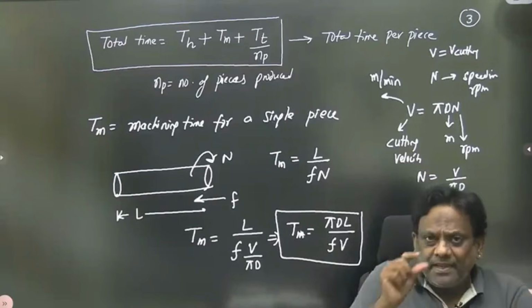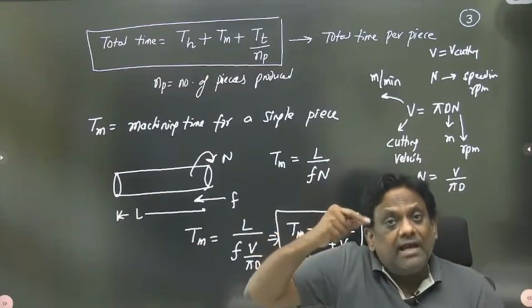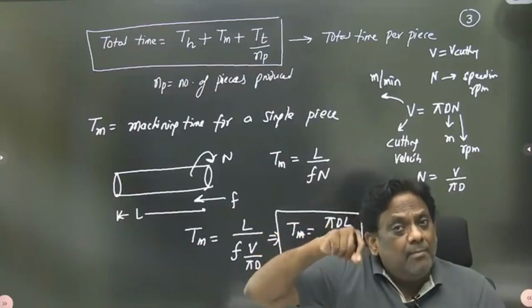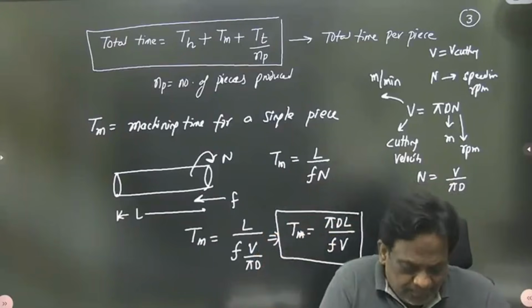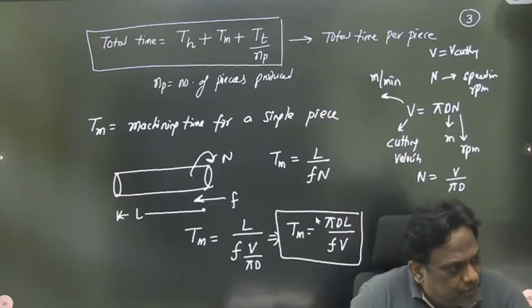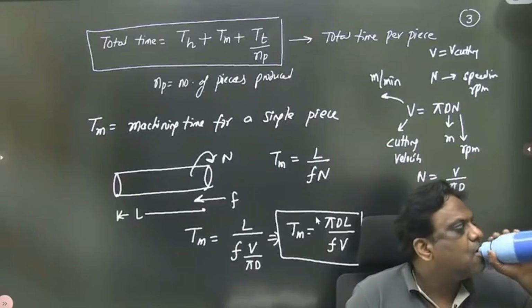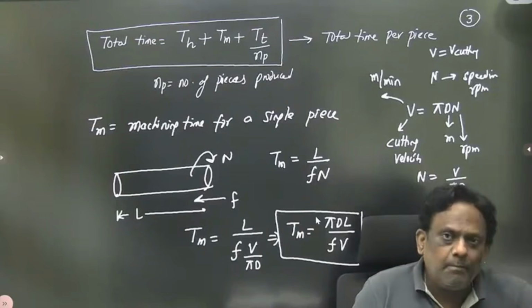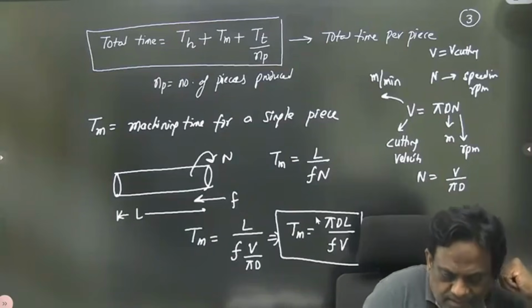So, for example, if there is a piece of length L, and if the piece is of diameter D, and if the feed is F mm per revolution, then this is the time. Hope you understood, sir. Machining time आ गया.